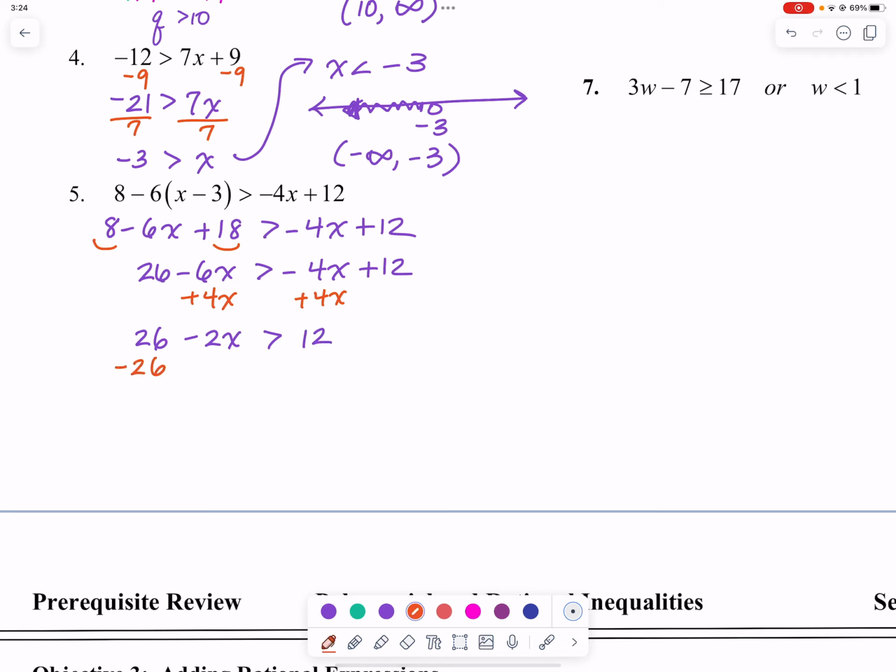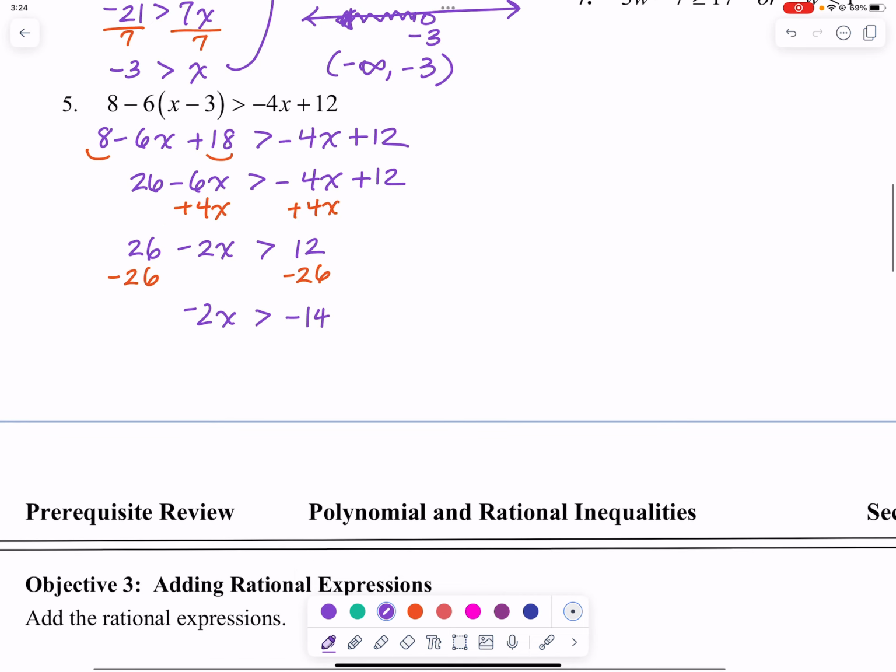We can subtract 26, and we have a -2x is greater than -14. And now we will divide both sides by a -2. Now keep in mind, when we multiply or divide by a negative, we do have to reverse that sign. So now we have x is less than 7.